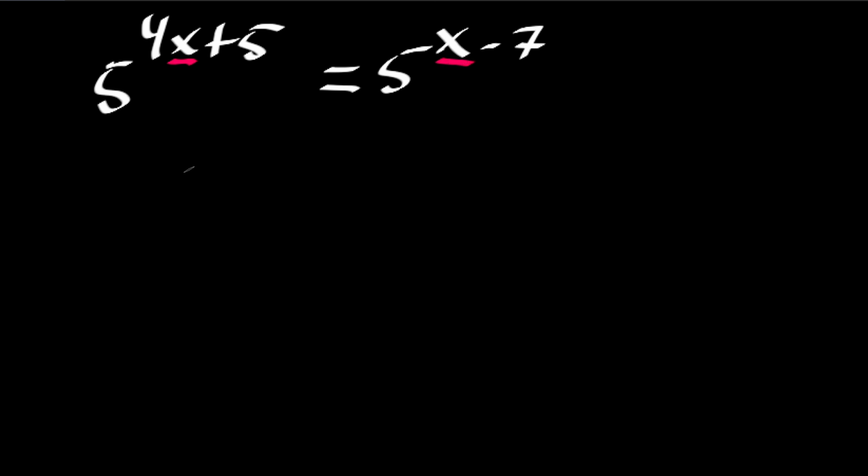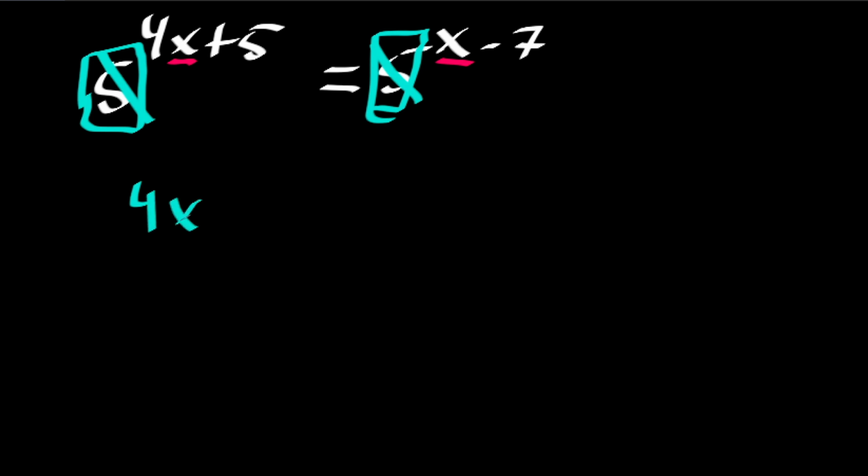All right, so now, this is a type 1 situation for solving exponential equations, because once again, the bases of our exponents are both 5. And if that happens, the good thing for you is you can just cancel the bases. So then 4x plus 5 is going to equal x minus 7.